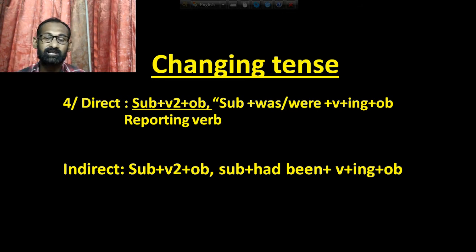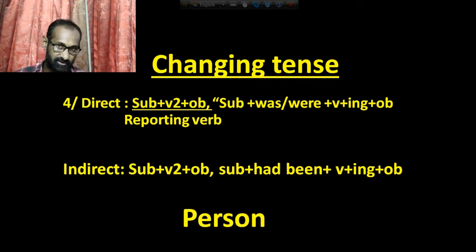Okay, and the structure will be subject plus had been plus verb plus ing plus object, when you change it from direct to indirect. Is it clear? Okay, thank you very much. Now you have to change the person too.